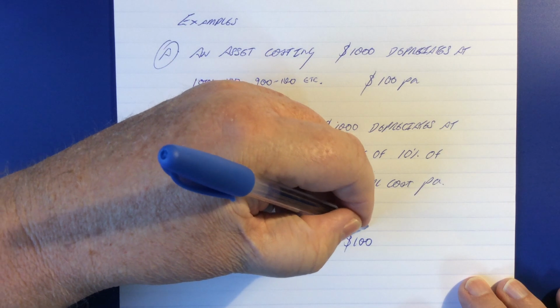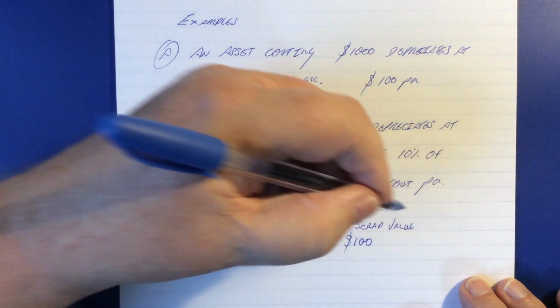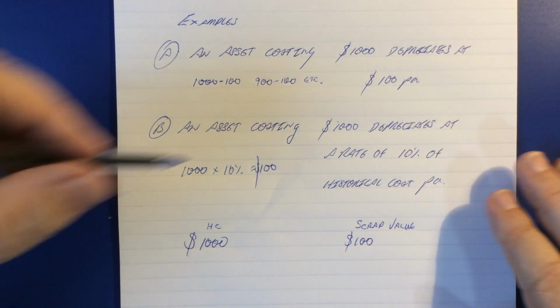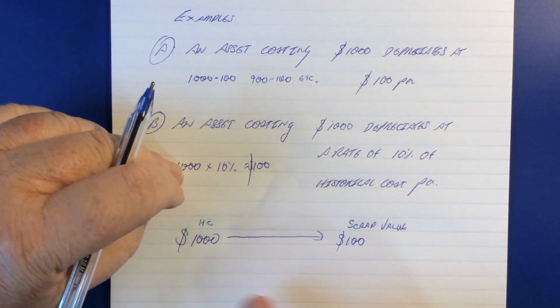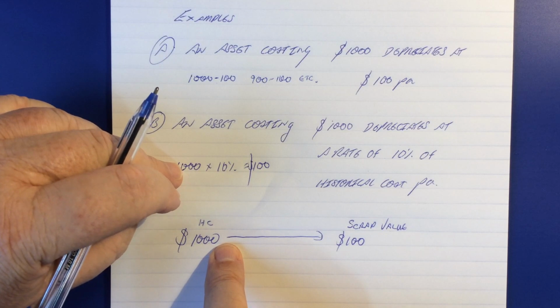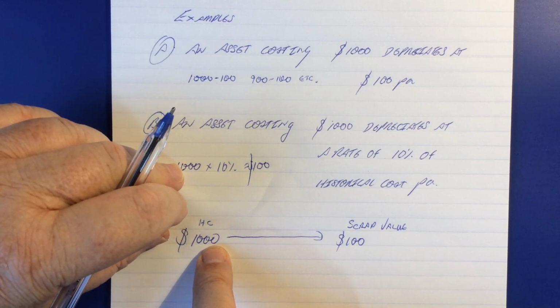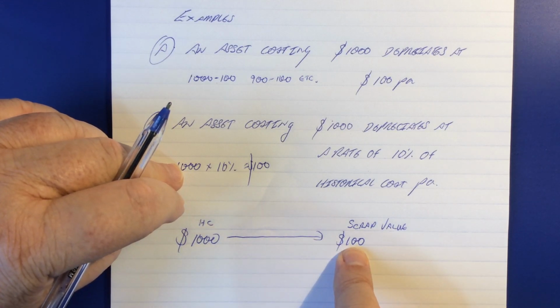So, scrap value. Now that is our estimate of what this will be worth when we've finished using this asset, whatever it is. And the depreciation is the amount of money that is written off the cost of this over the time that it takes to reach this value.